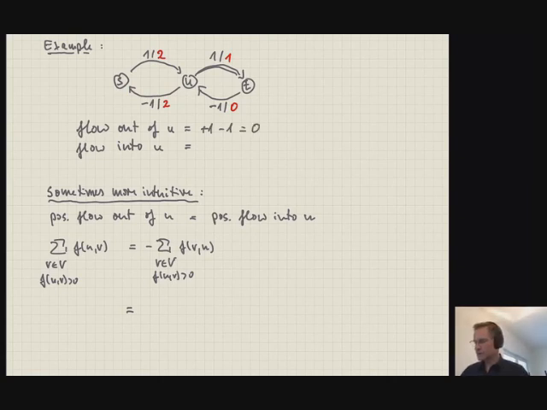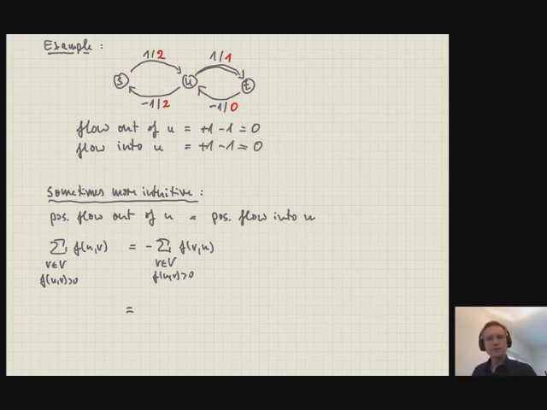And also for the flow into node U, we have the same. It would be 1 unit from S to U and minus 1 unit from T to U. So that is again plus 1 minus 1 equal to 0.